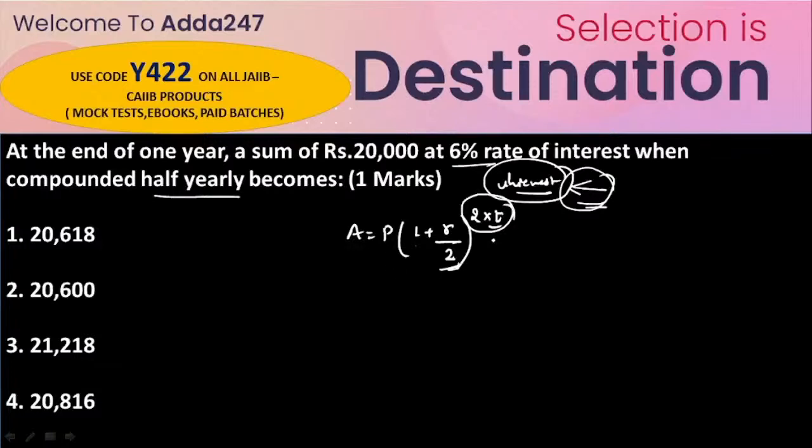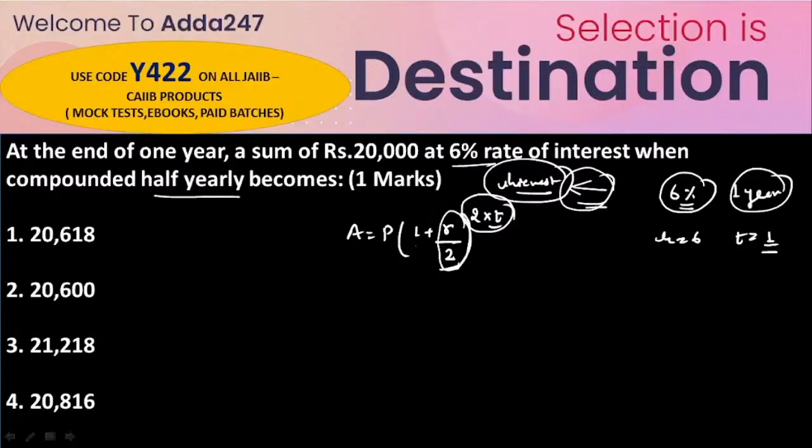Okay, so this means if the rate of interest is given 6% and the time period is given 1 year, that means r is equal to 6 while t is equal to 1. And in the formula you can clearly see that the rate of interest will be divided by 2.